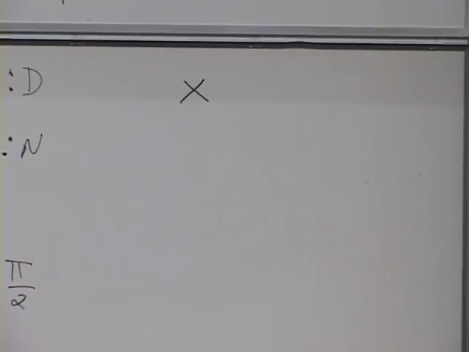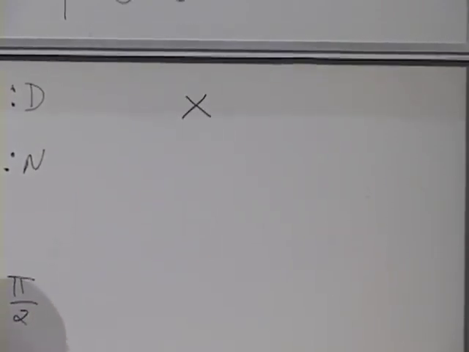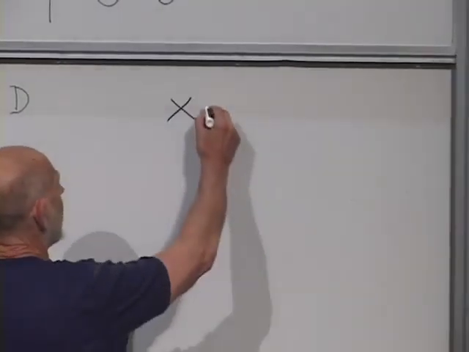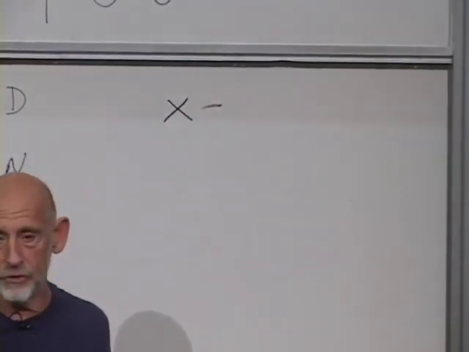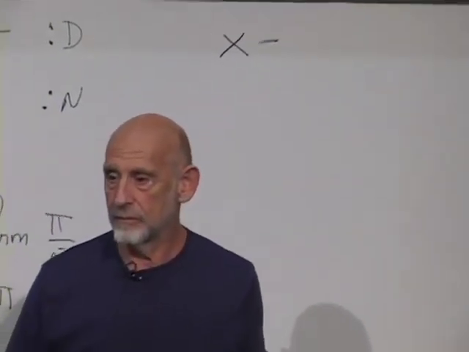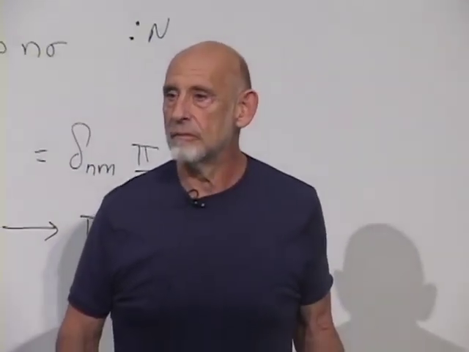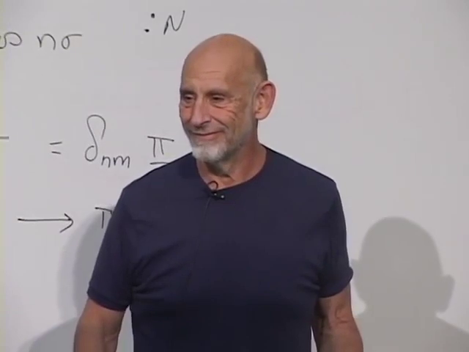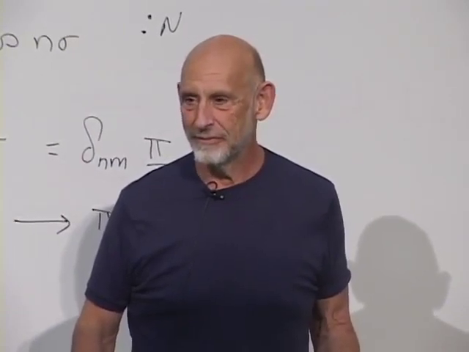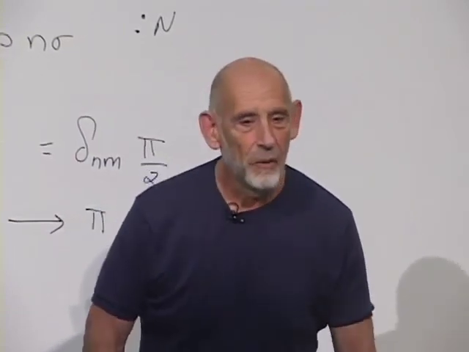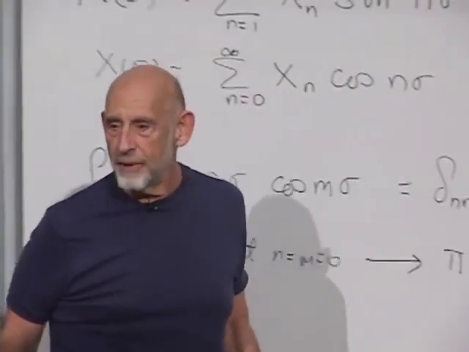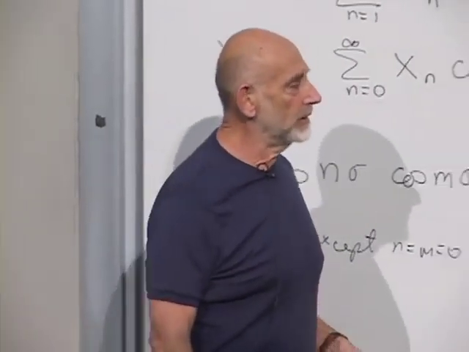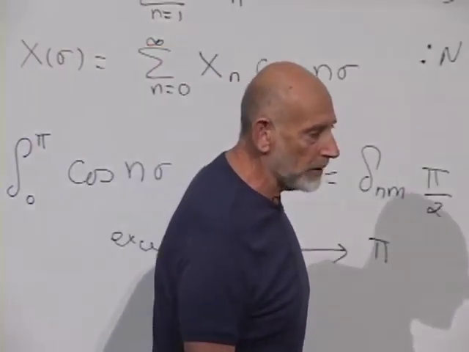But for the moment, let's just call the displacement of the oscillator x. What's the kinetic energy of the point? 1/2 m x dot squared, right? 1/2 m times the time derivative of x squared.